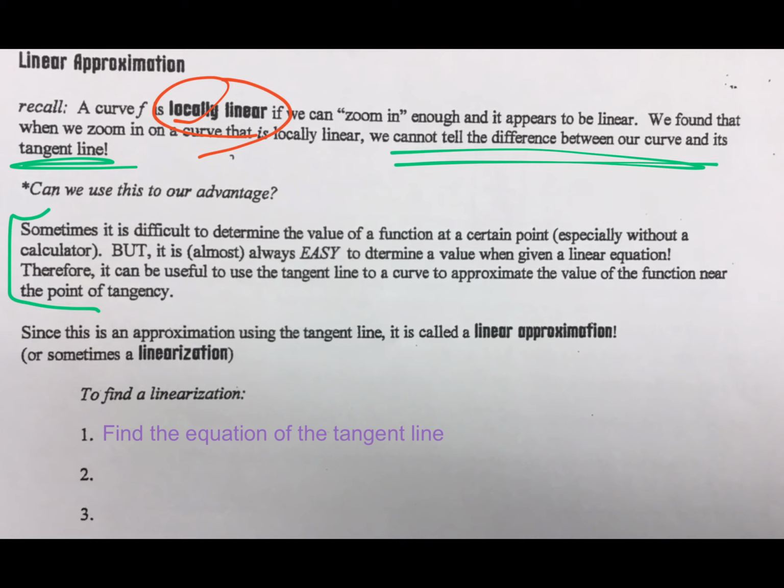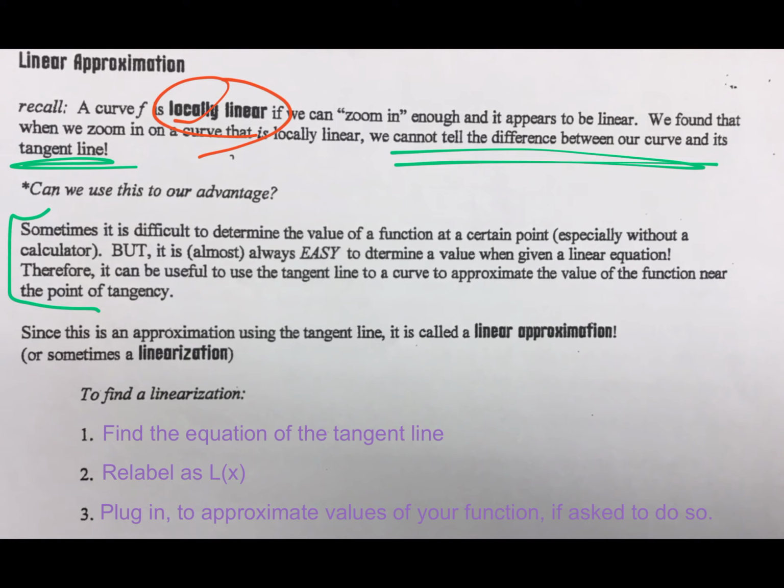Just as a reminder, we do that by finding the point and a slope, and y minus y1 equals m times x minus x1. The next thing is going to be to relabel it, and this is an optional step, to be honest with you. We can relabel it as L of x, so that it says this is my linearization. And your last step is just going to be to plug in to approximate values of your function if you're asked to do so. Okay, you're not always asked to do so.